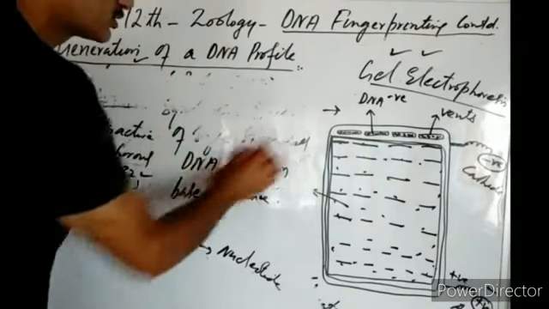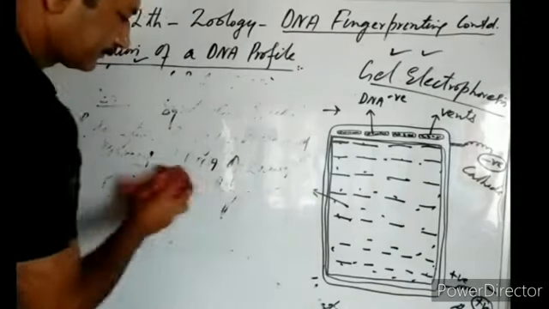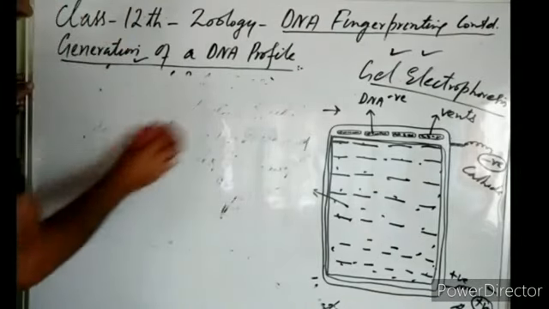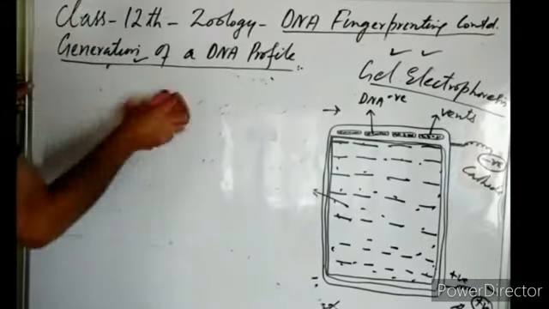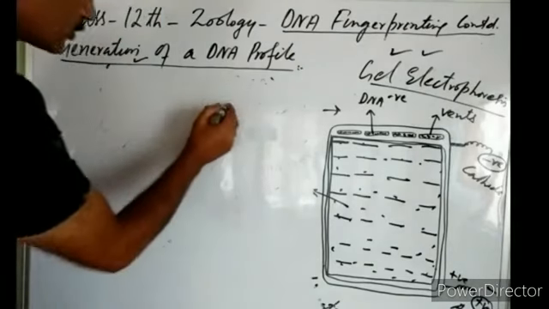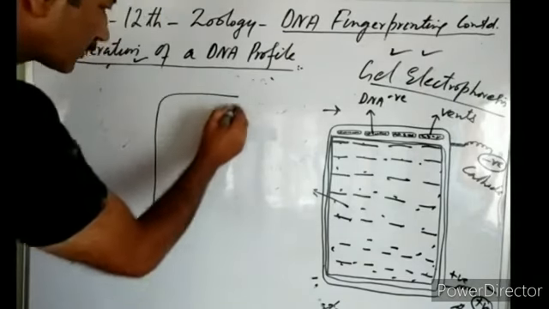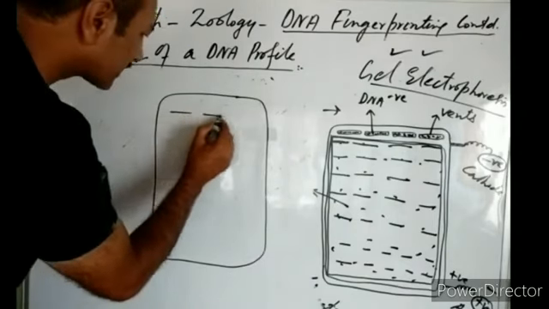I will try to show you in a diagram. Suppose this is our nitrocellulose paper, where we have the DNA. This DNA is in the form of single strands.